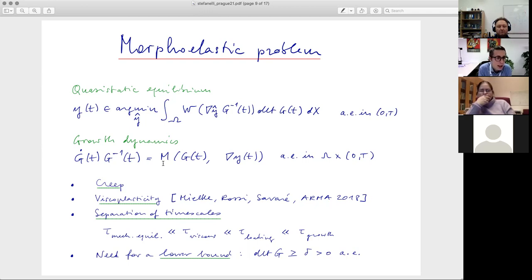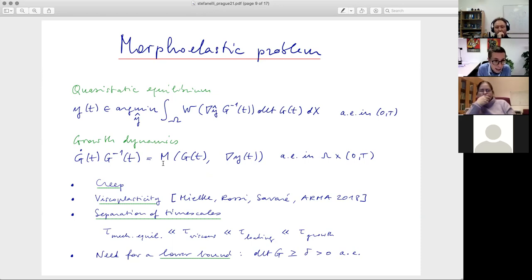This is also the right point to point to this paper by Alexander Mielke, Riccardo Rossi, and Giuseppe Savaré on viscoplasticity, which is close in aims, and the dynamic is kind of similar.